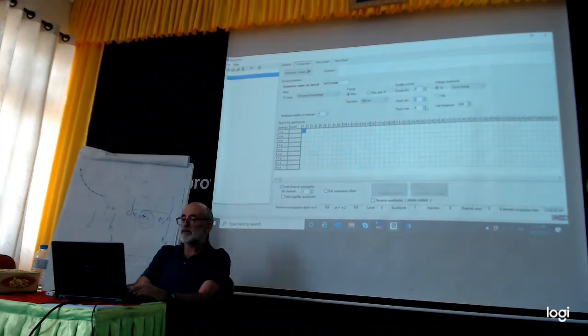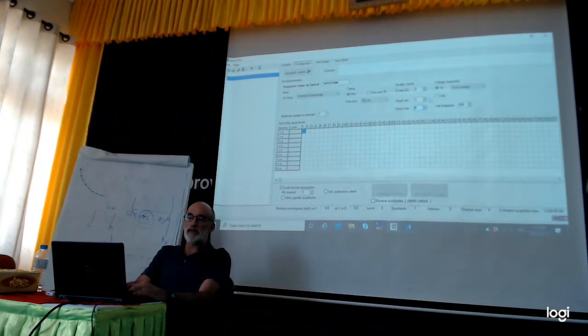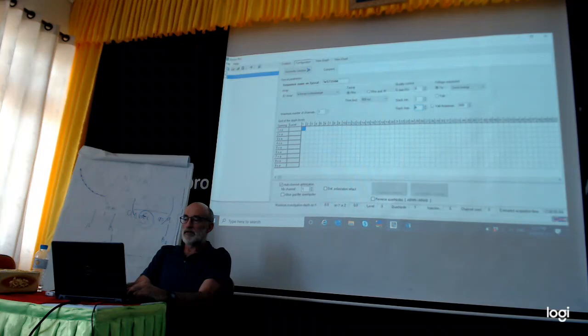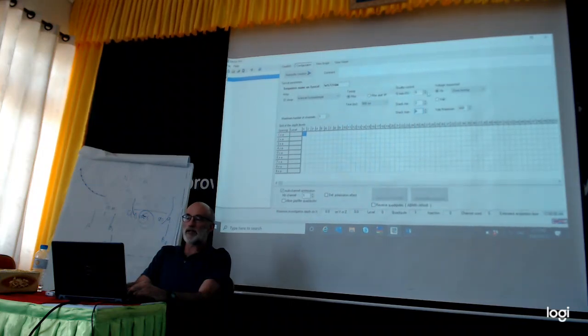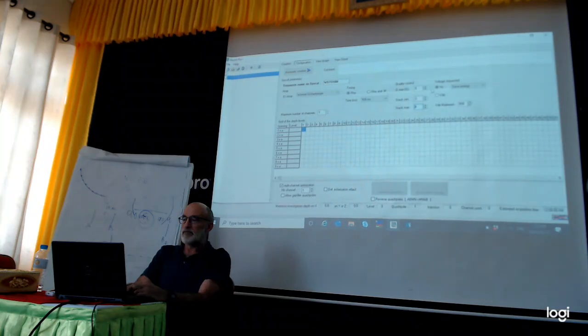And then stack mins 2, stack mins 4, max 4. Some people prefer to leave these at 3 and 6, and leave Q max at 3%.